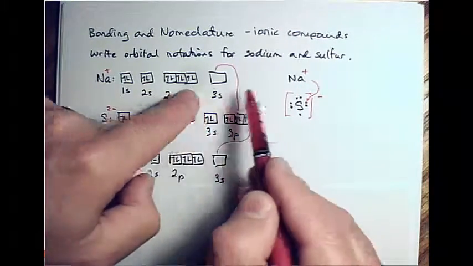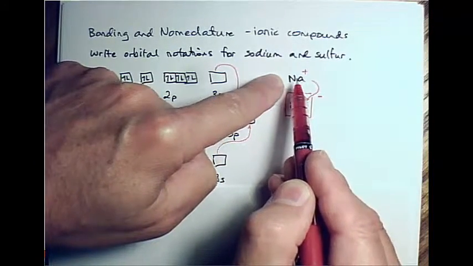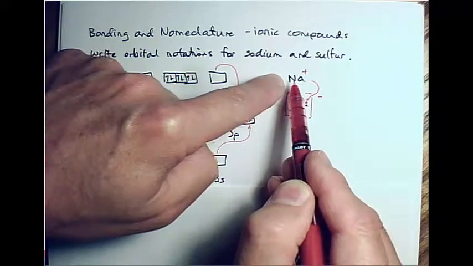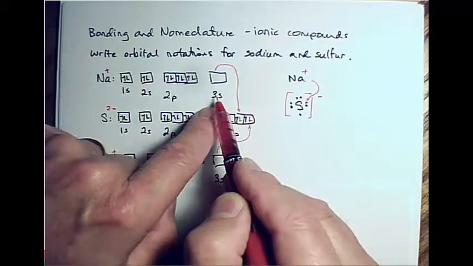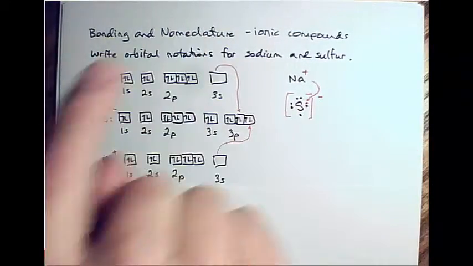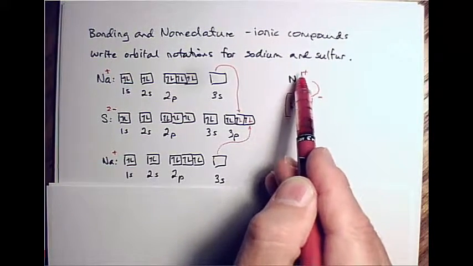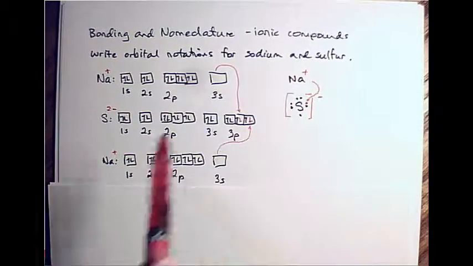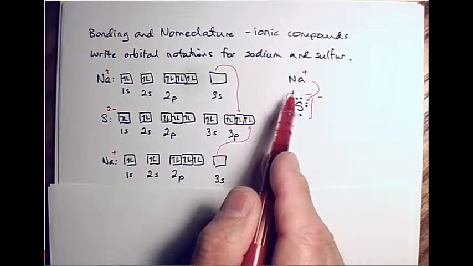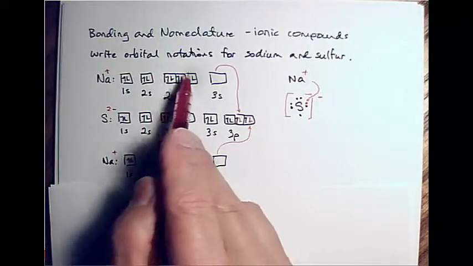Even though we don't show any electron dots in the electron dot formula of a sodium ion, what is really happening is we're losing one from the outer energy level and leaving a full valence level behind. You've got to know that. So you have to make an inference here. Anybody doing chemistry ought to know this is implied, and you ought to infer that what remains is an outer energy level that's full.